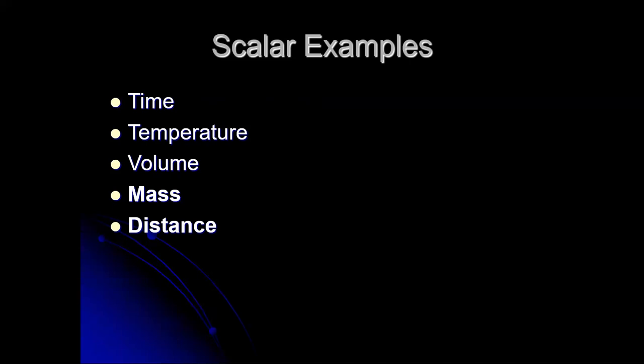Those distances are all examples of scalars. And speed, how fast we're going. That's not something we're going to deal with much in this class, but it is a pretty important example of a scalar. You have a speedometer on your car. It tells you how fast you're moving over the ground, or how fast your wheels are turning at the very least. Those are all scalars.